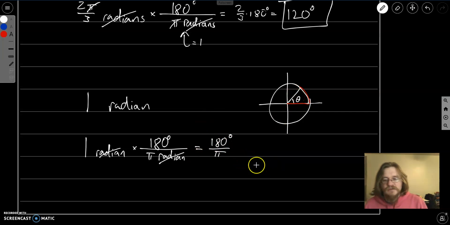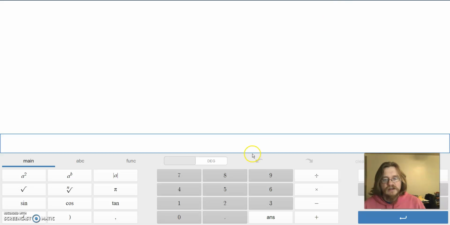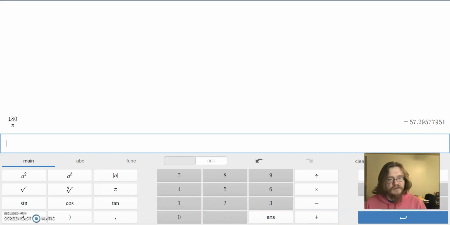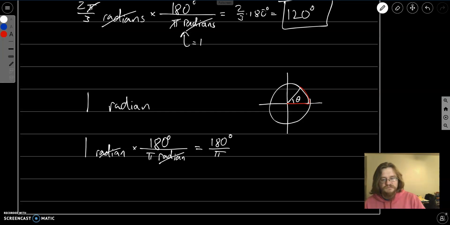And this is not something that I can do in my head. I can't divide by pi very easily. If we whip out our calculator and I take 180 and divide by pi, my answer is going to be 57.29. So I'll round it to 1 decimal place, so 57.3. This is going to be approximately equal to 57.3 degrees.